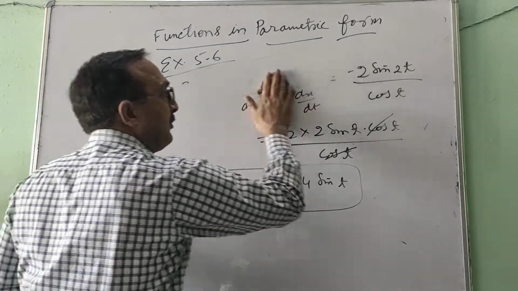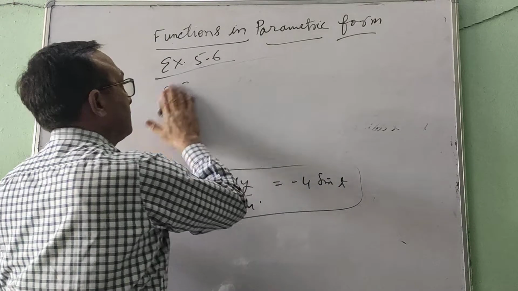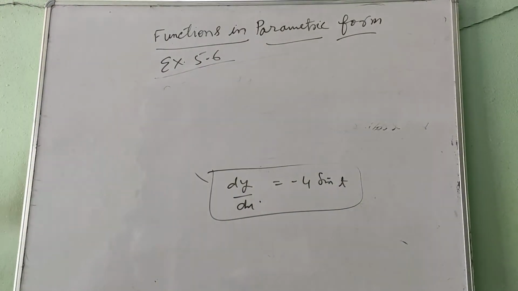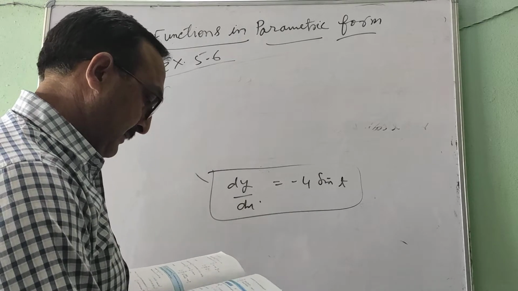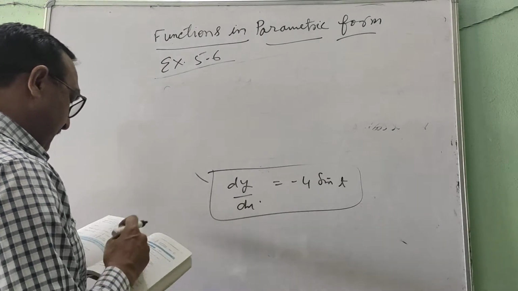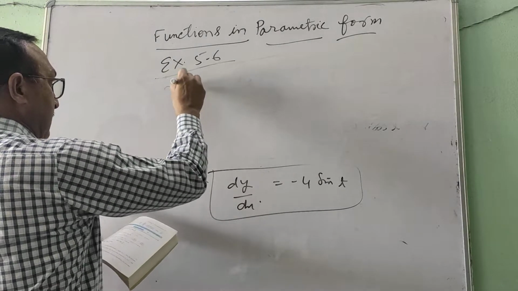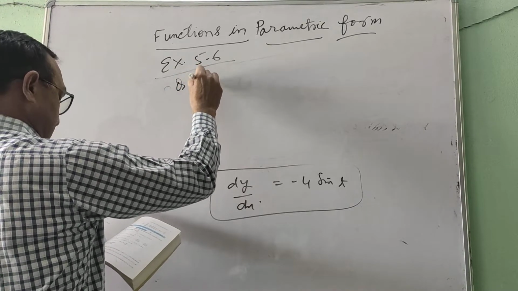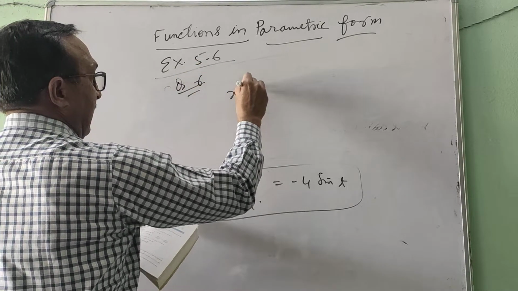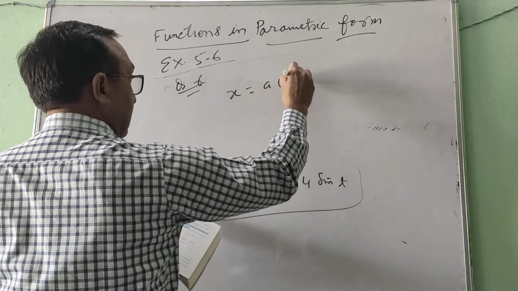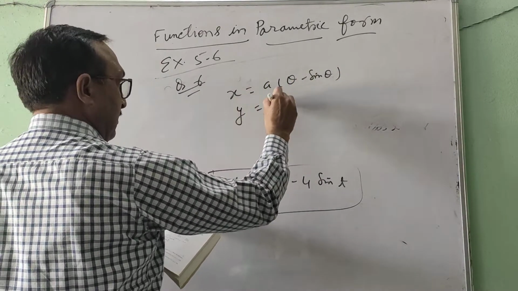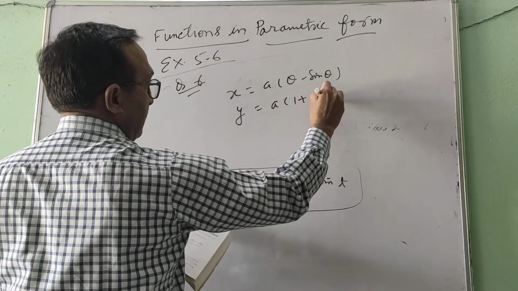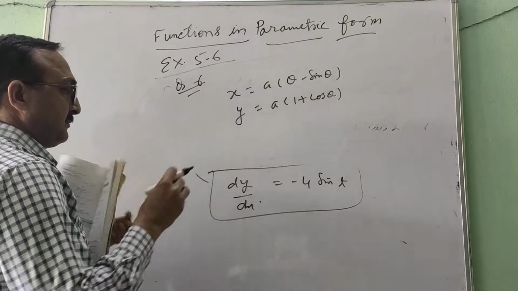I take one more problem from the same exercise, question number 6. x equal to a theta minus sin theta and y equal to a 1 plus cos theta.